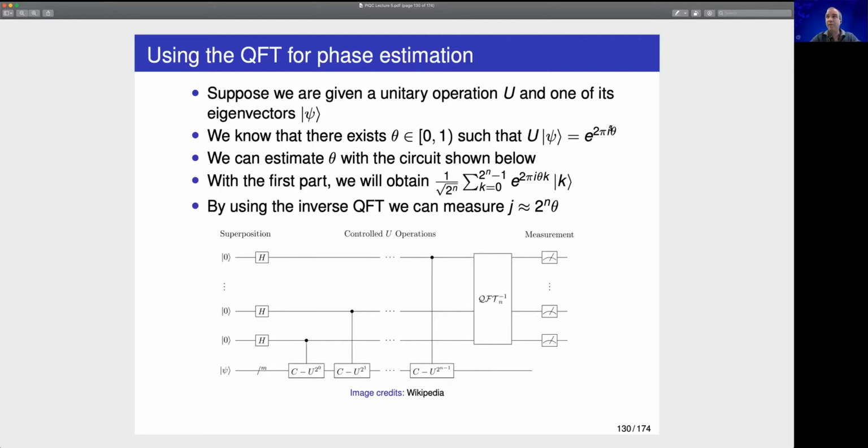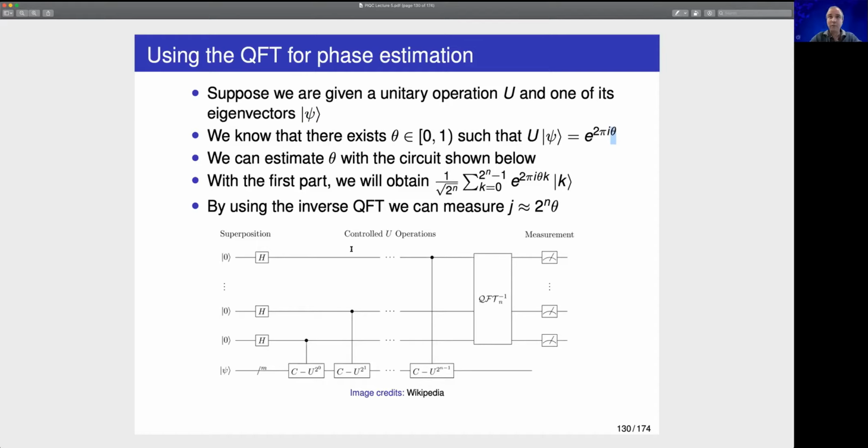Okay, the eigenvalues are going to be of the form e to the power 2 pi i theta, where theta is a value between 0 and 1. Okay, and the goal of this quantum phase estimation algorithm is, given this unitary U and one of these eigenvectors, to estimate the value theta here, this value between 0 and 1.